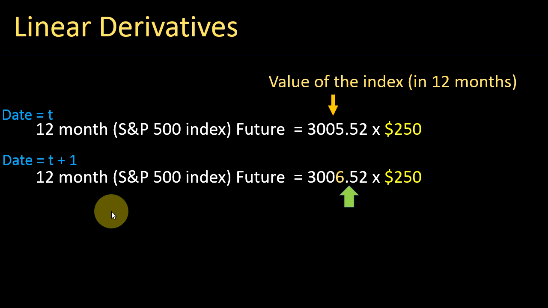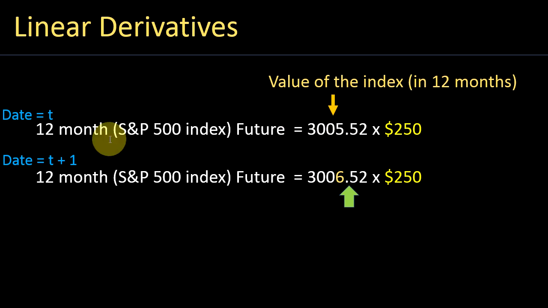So you can see the value of the futures contract changes based on the change in the value of the index. In other words, this is the underlying. Remember, this is a futures contract on the S&P 500 index, and these are the values of the S&P 500 index. So the value of the futures contract changes as the value of the index changes, in this case the December value of the index.